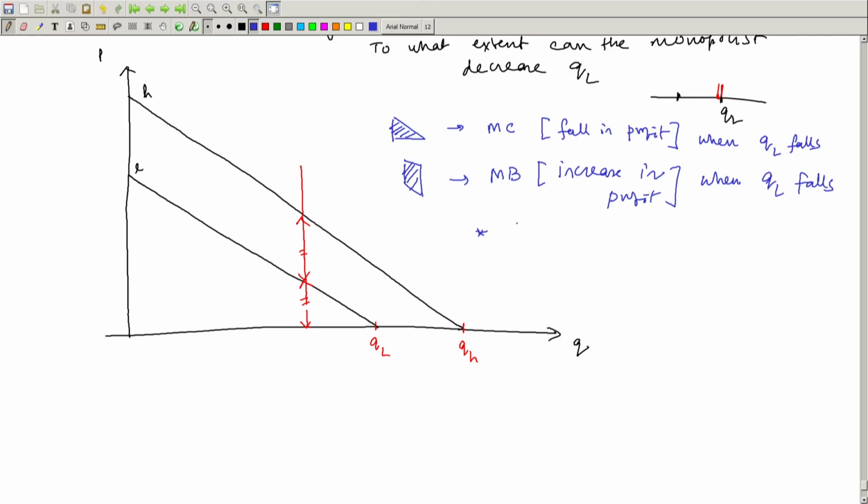So, profit is maximized when marginal benefit is exactly equal to marginal cost, and let us say that occurs at some QL star here, right. So, at QL star, what I would do is I will charge A star, which is this entire area.